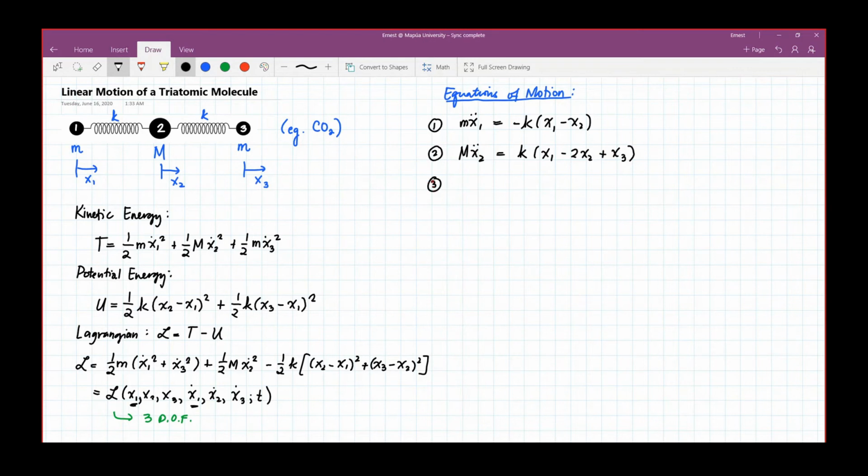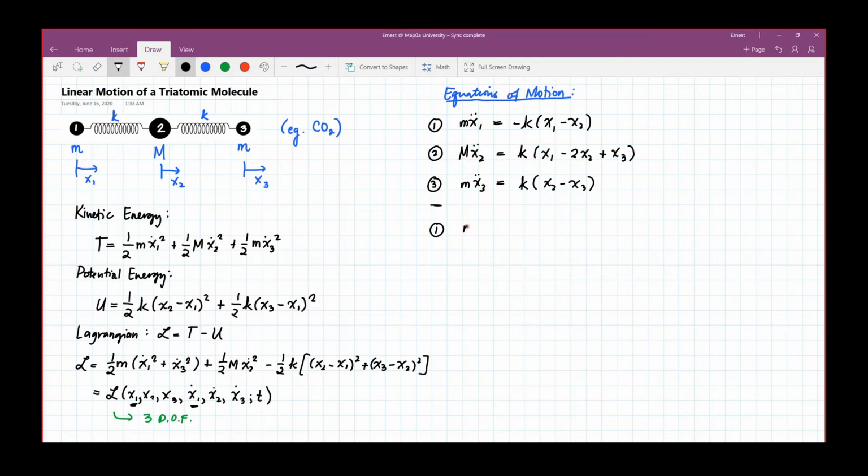And lastly, m x3 double dot is equal to k times x2 minus x3. If we rearrange this, we can write it as follows.